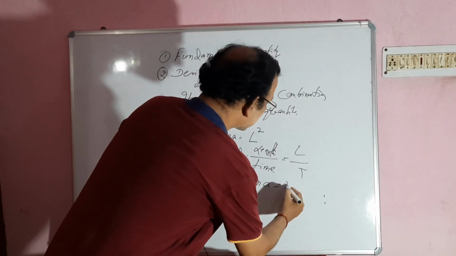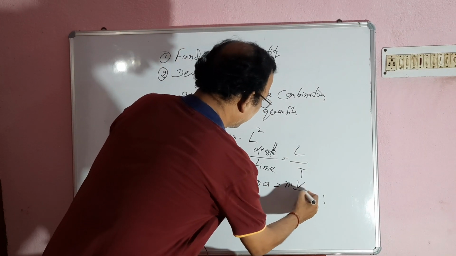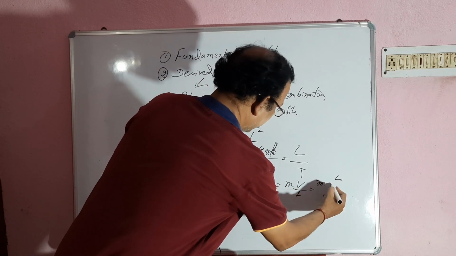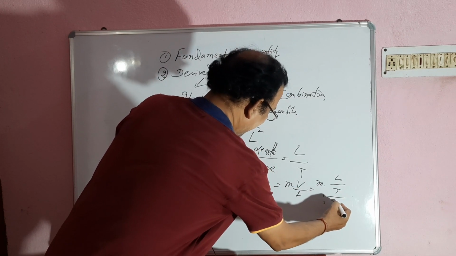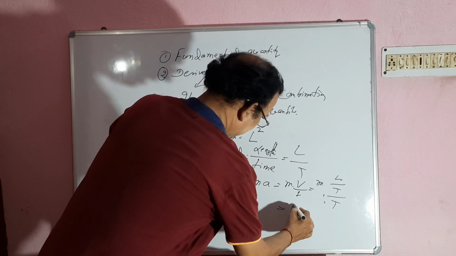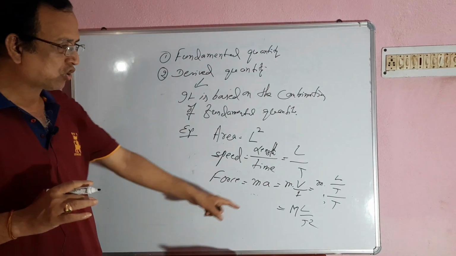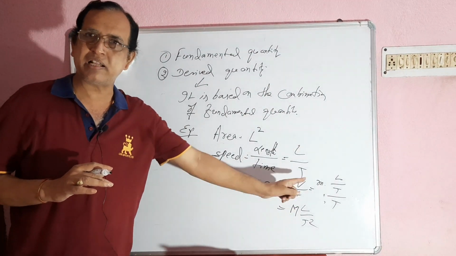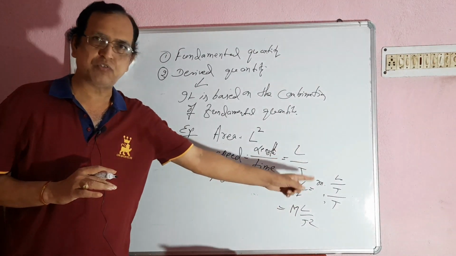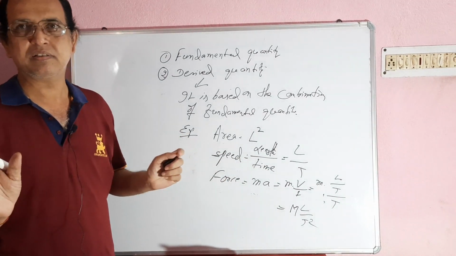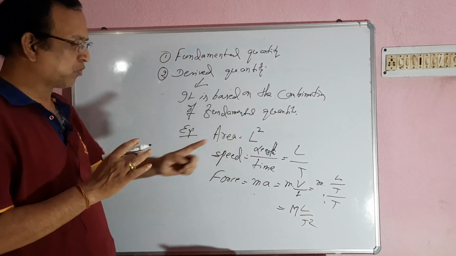So that is mass into displacement by time square, that is M L by T square. So that is three fundamental quantities, mass, length, time. So it is a combination of three fundamental quantities. So force is a derived quantity. So these are the introduction of the quantities.